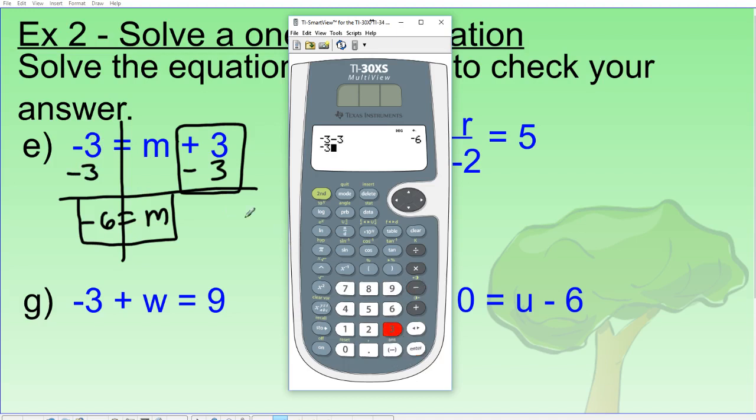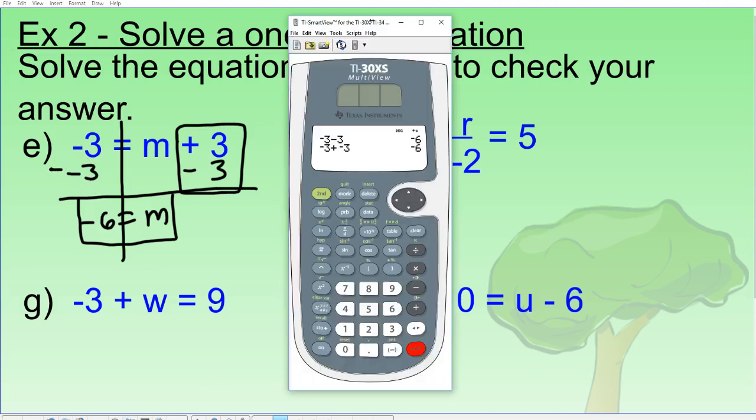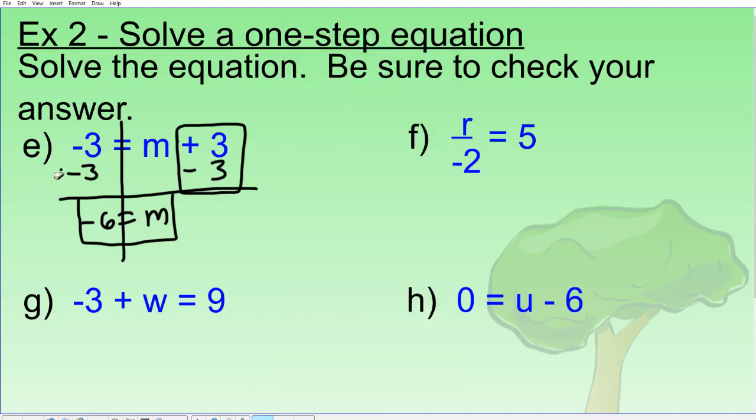Or, if you think this is a negative, then you have to do negative 3 plus a negative 3, giving you negative 6. It is not negative 3 minus negative 3. There's not another minus sign out here. If there was, then you would do negative 3 minus negative 3. But there's not, okay?